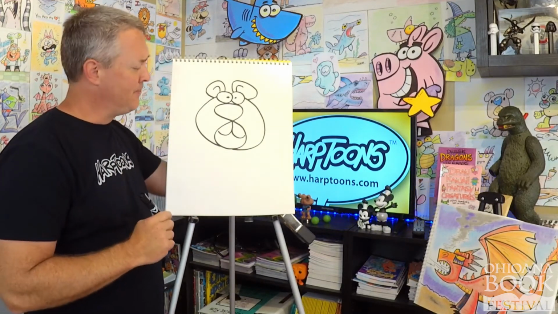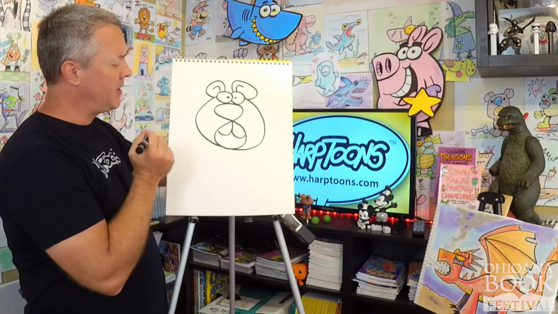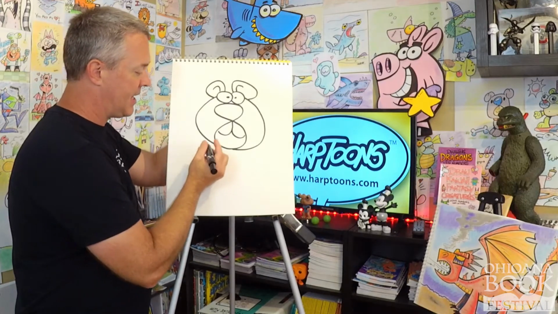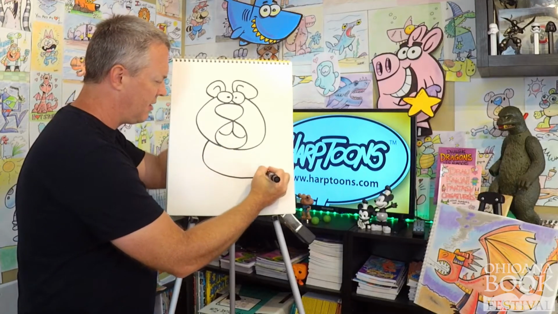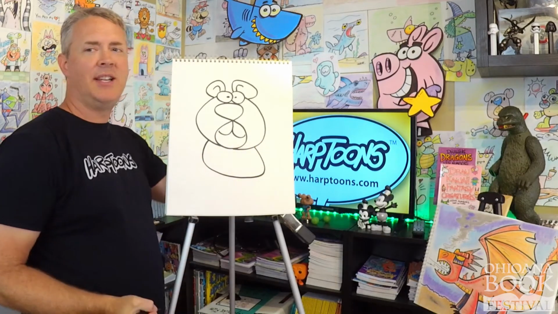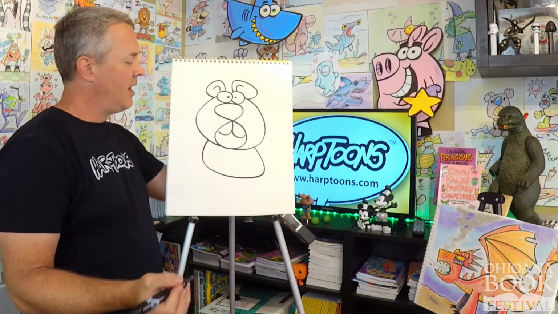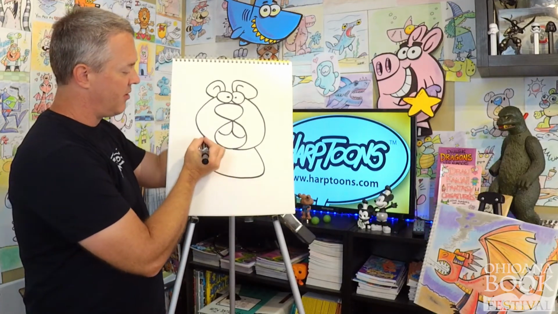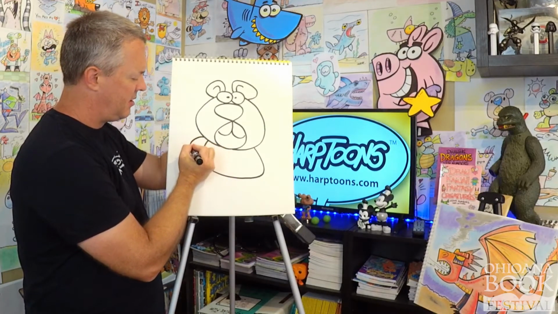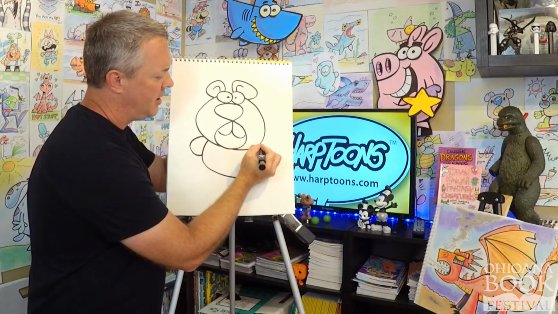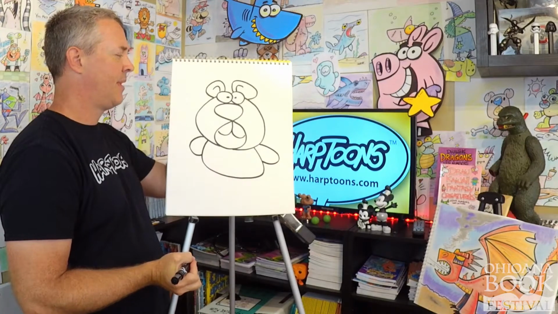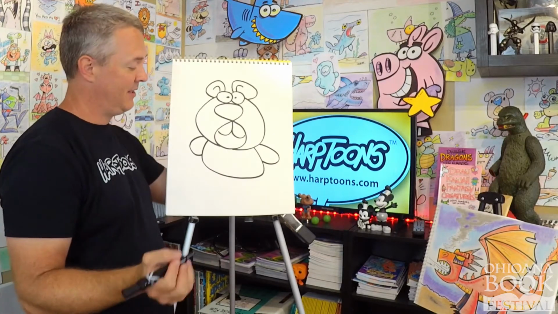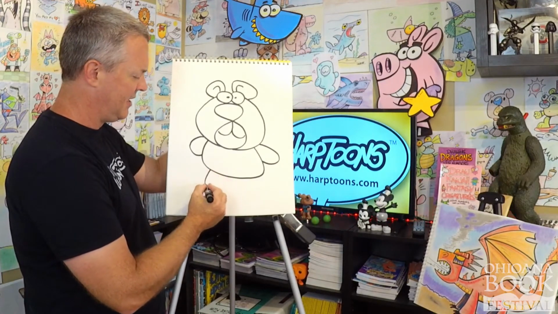So that's pretty good. Okay, let's draw the panda's body. We're going to draw a shape here for the panda body. And then let's draw an arm here and over here. Our panda's almost done. Let's draw some panda legs.